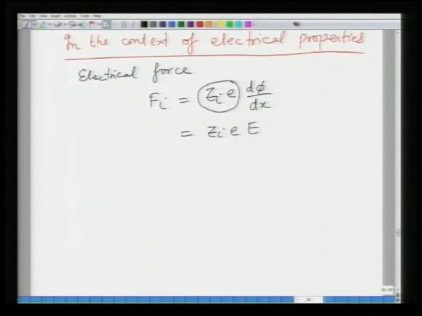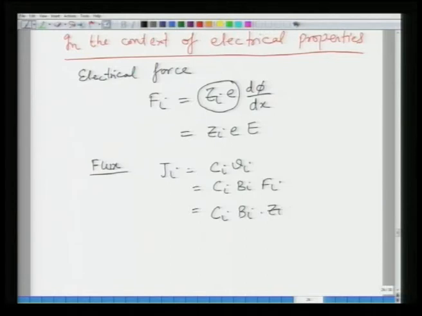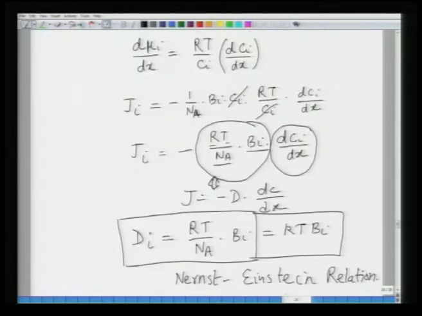So, if you use this relation, you can write the flux. We knew that J_i is C_i v_i, and this is C_i B_i F_i, which equals C_i B_i Z_i e E, capital E. And I know what B_i is: from the previous expression, B_i is equal to D_i divided by kT.